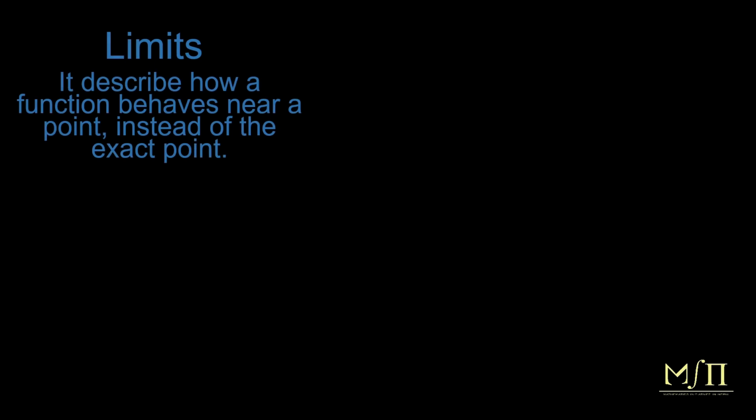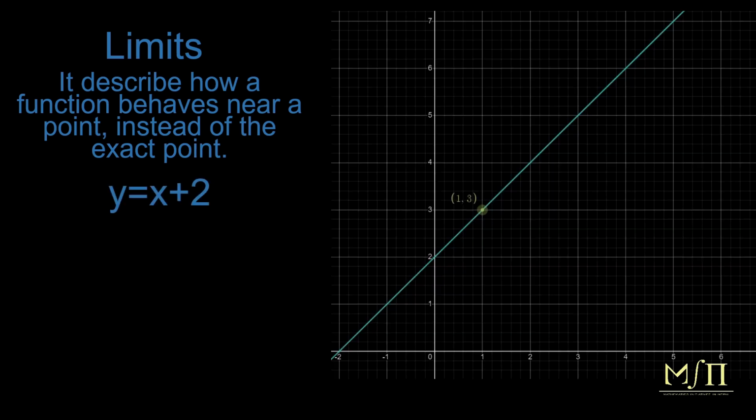Now let's talk about a new concept, limits. Limits describe how a function behaves near a point instead of at that exact point. Let's look at an example. Consider a function y equals x plus 2 with a point (1, 3) in it. If we gradually increase the value of x till it becomes x equals 3, the value of y gets really close to 5.